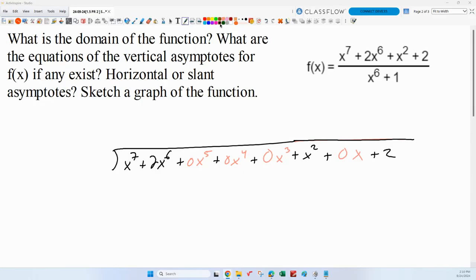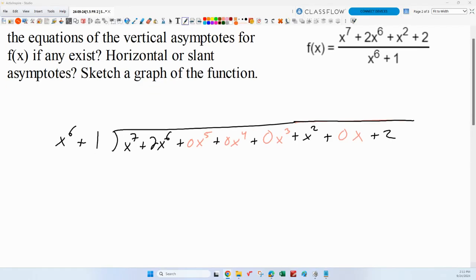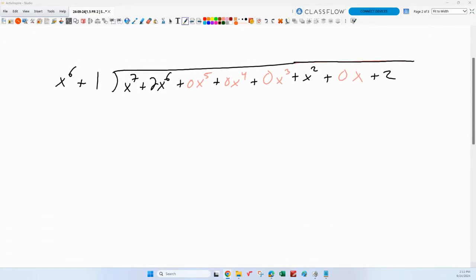What goes out front? X to the 6th plus 1. Okay, and how do we play this game? Yeah, we're going to simplify the quotient of the leading terms, right?